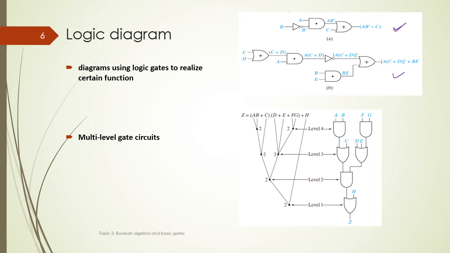The delay is a very critical design parameter in digital circuits. So if you are a design engineer designing a digital system, you must consider how to minimize the delay among the gates.